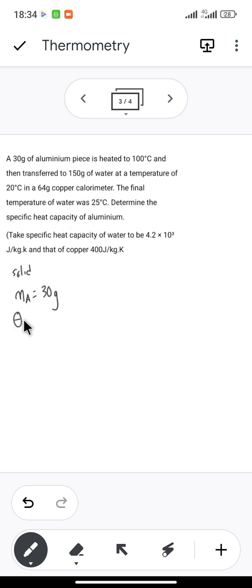Theta hot is what? 100 degrees Celsius. Now you have to convert this to Kelvin. So converting this to Kelvin, you have to add 273. So this gives you 373 Kelvin.